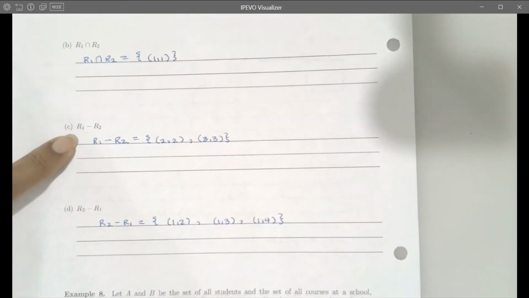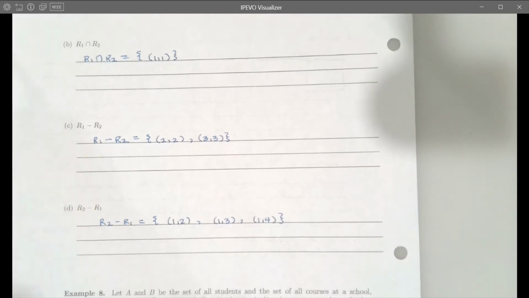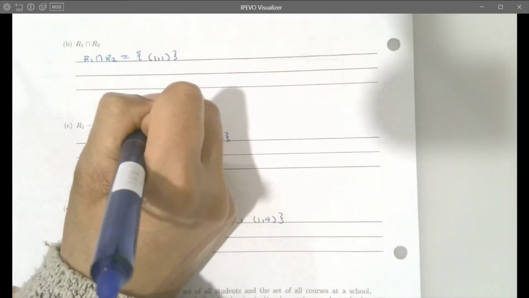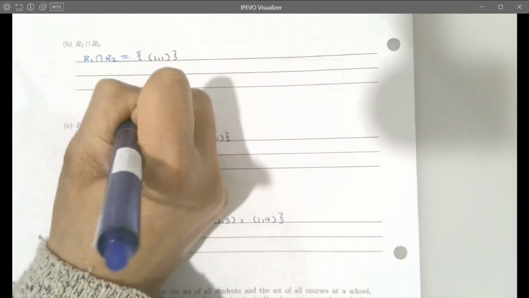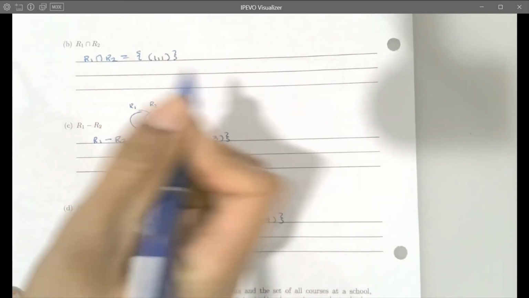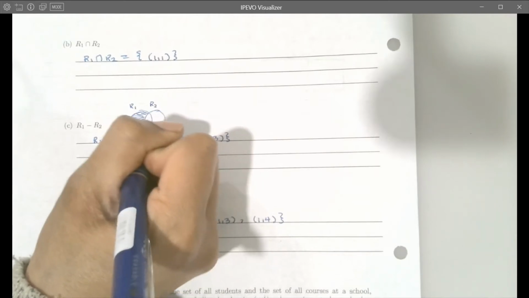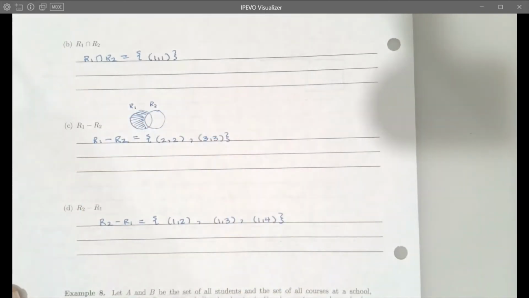For part C, they're asking us for the difference between R1 and R2. What that means is that we're looking for all elements that are part of R1 but not R2. I guess it's a good idea to draw a Venn diagram to help us illustrate that situation. We're looking for all of the elements that are part of the first set but not part of the second.